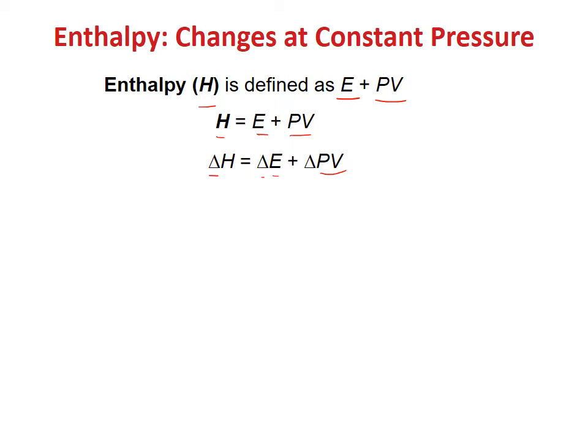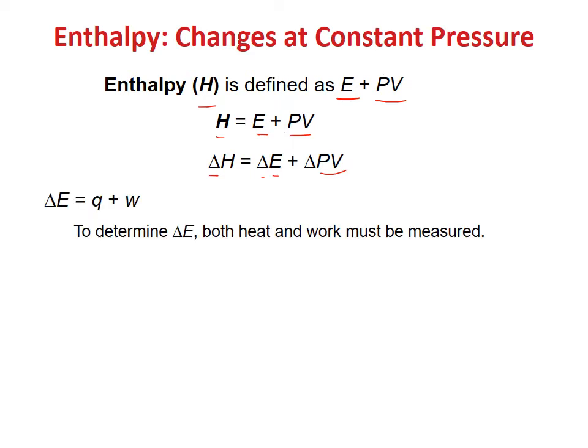In general, if we want to know the internal energy change, we have to know heat and work. Now, under constant pressure, we already know work can be calculated by negative pressure times the volume change.